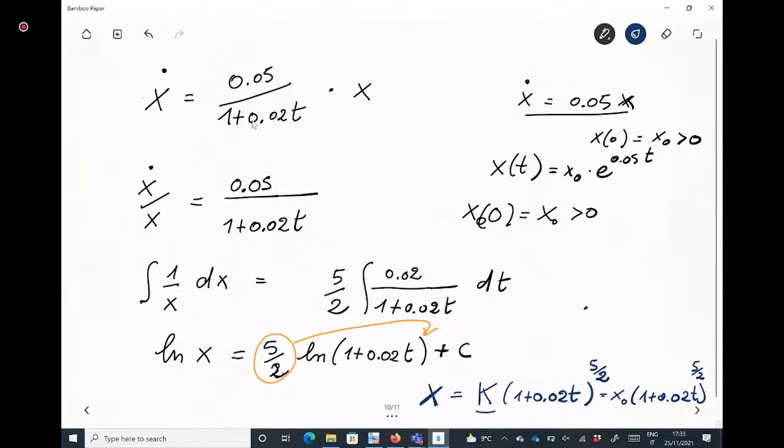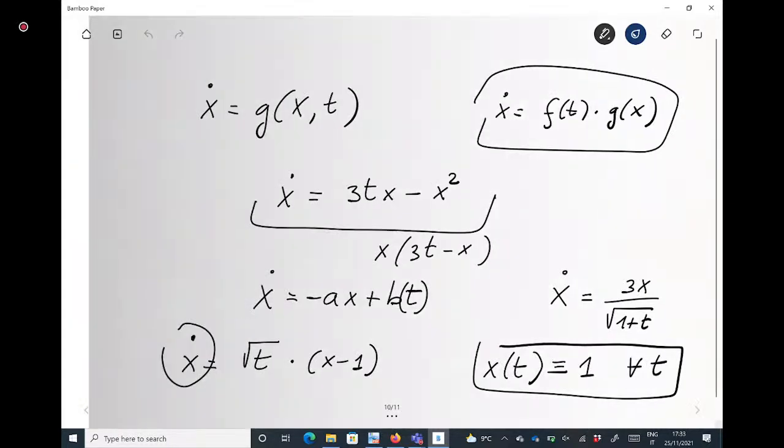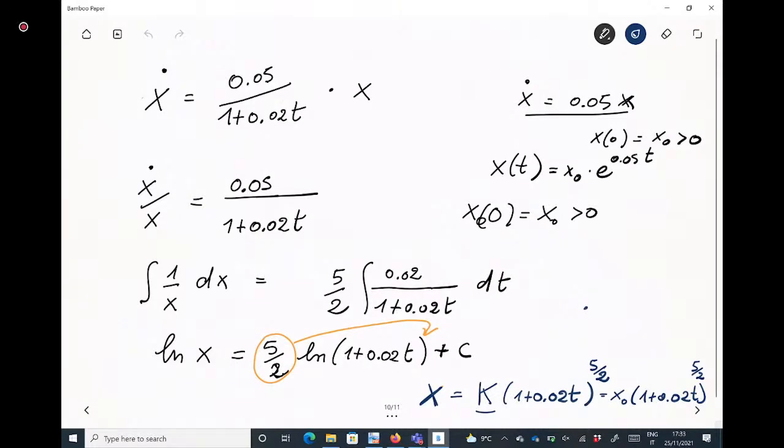Now we know that the solution to this differential equation is this one. How can we check the solution to a differential equation? By verifying, checking that this function actually satisfies our differential equation for any t.